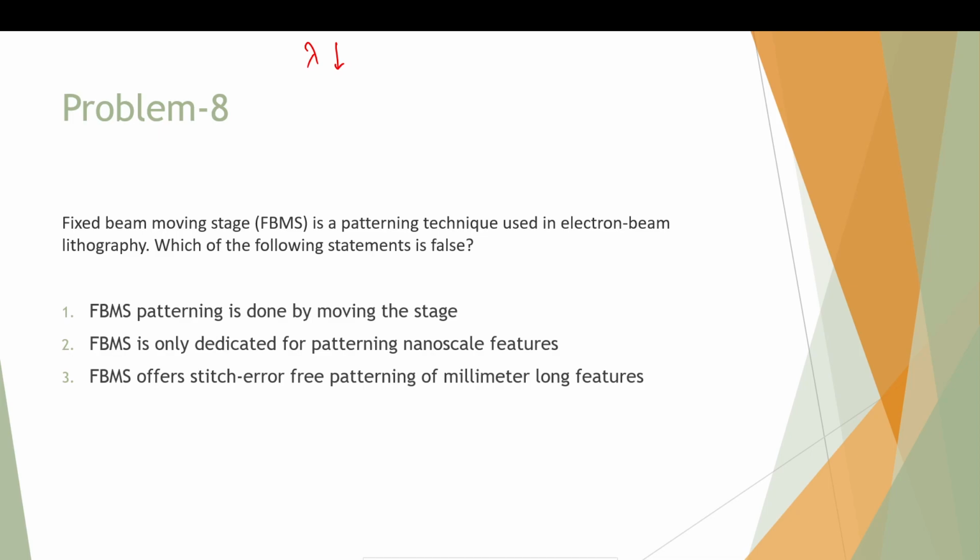However, the setup used in those cases is very complicated and very costly. So another method for going to lower wavelengths is electron beam lithography. The wavelengths that electrons can reach are very low compared to optical wavelengths, and that was the motivation behind e-beam lithography.